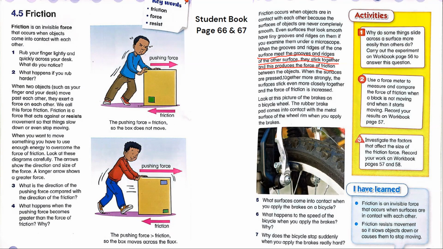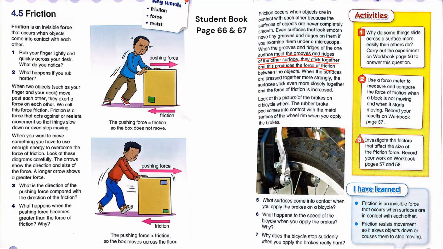Okay, next. When the surfaces are pressed together more strongly, the surfaces stick even more closely together and the force of friction is increased. This one I need to highlight because it's common sense. When you push these two surfaces more roughly or closer together, they will have a higher force of friction.